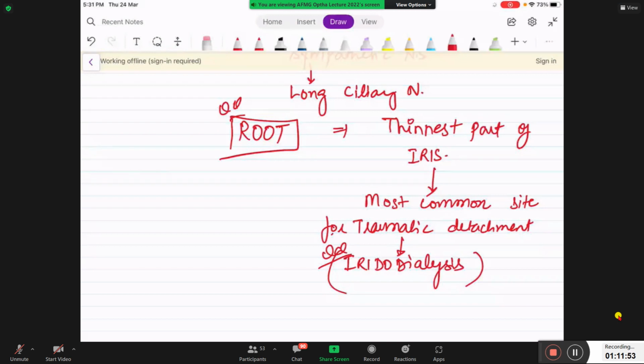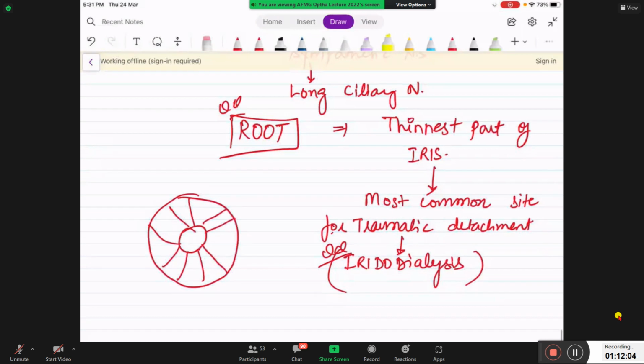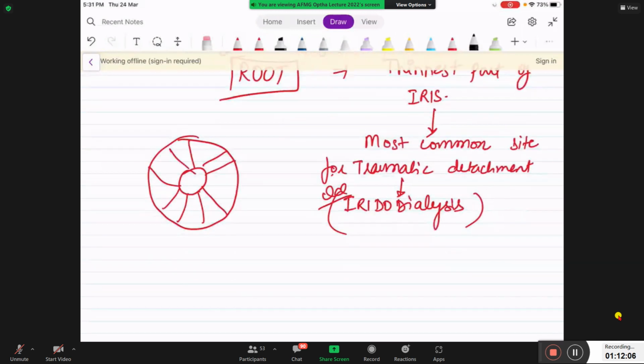Clear? Now suppose this is your pupil and these are the set of muscles, sphincter pupillae and dilator pupillae, right? Now they will ask you another term, which is called collarettes. Write down. What are collarettes?